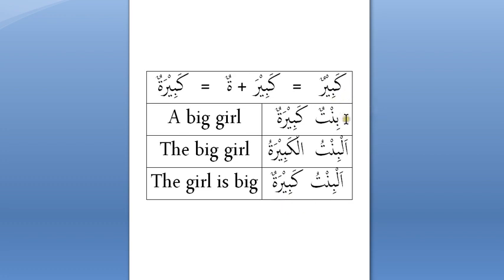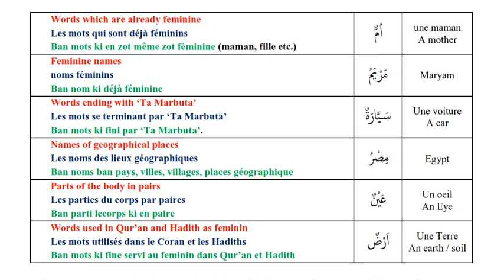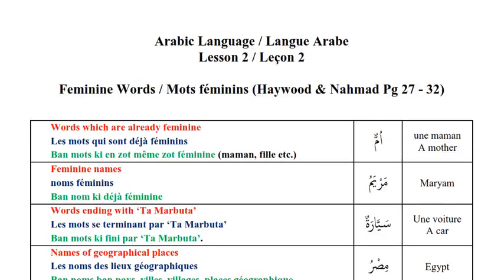The noun is feminine, the qualification is feminine. And how the word becomes feminine, kabirun, the dammatan changes to fatha. Kabirun becomes kabira plus tamarbuta. Kabirun, kabiratun.